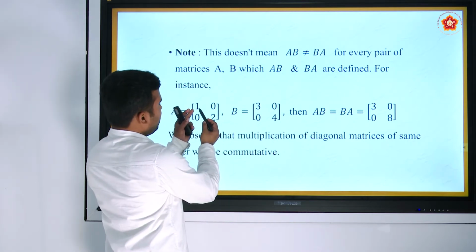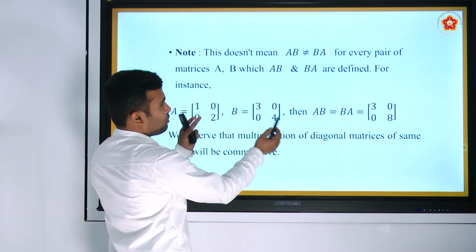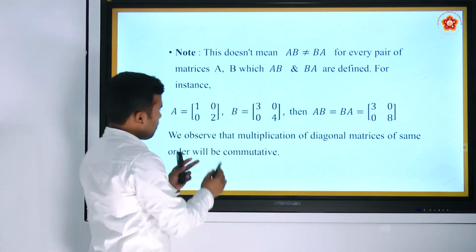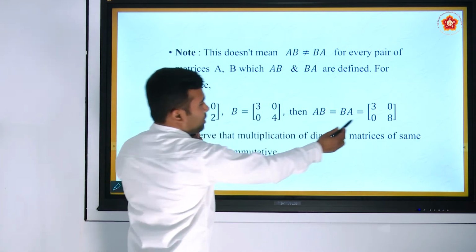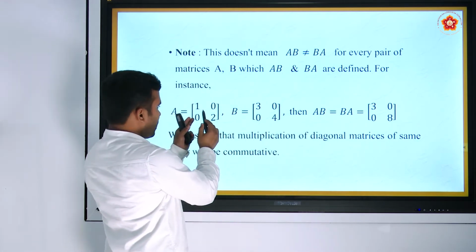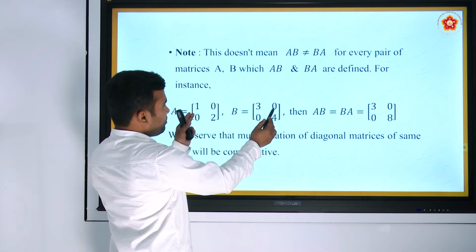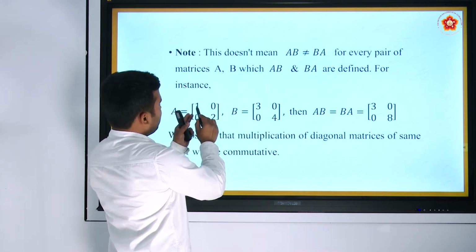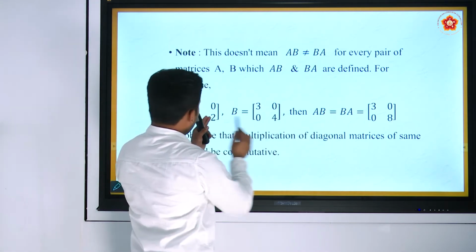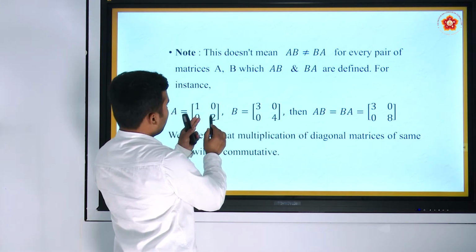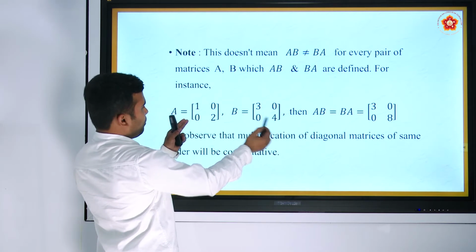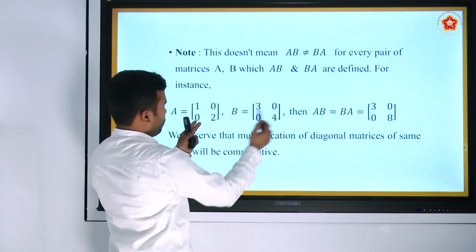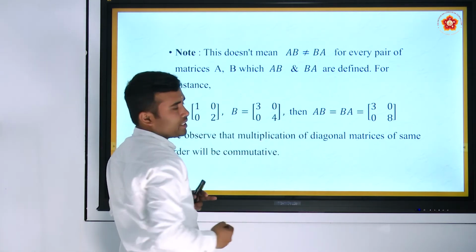Another one: 1 into 0 is 0, 0 into 4 is 0, so that value will become 0. Here 0 into 3 is 0, 2 into 0 is also 0, so 0. And the next value: 0 into 0 is 0 plus 2 into 4 will be 8.